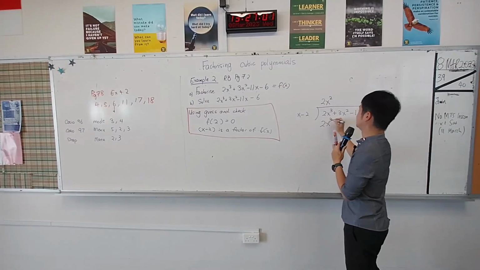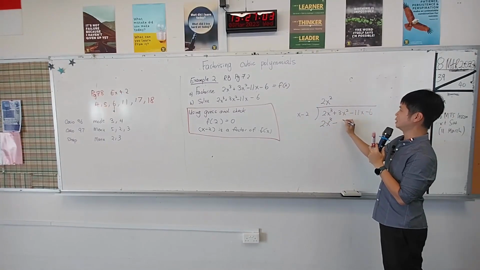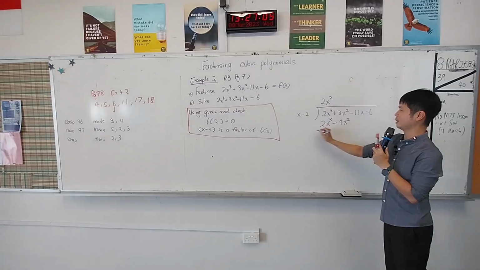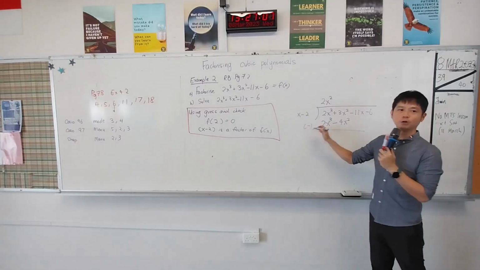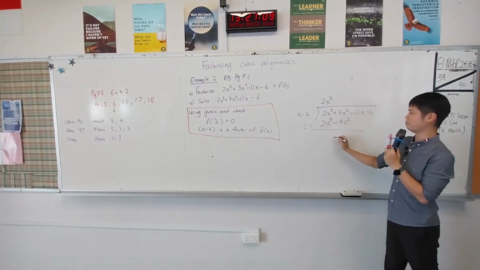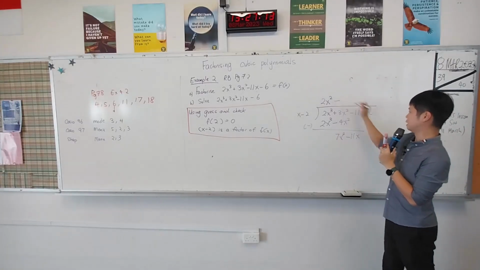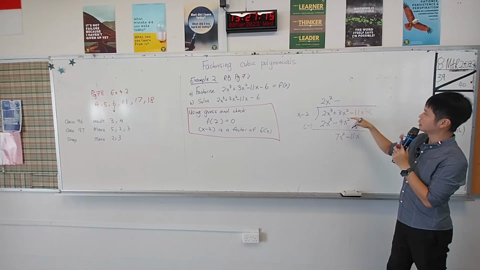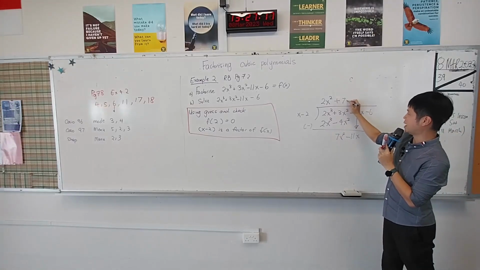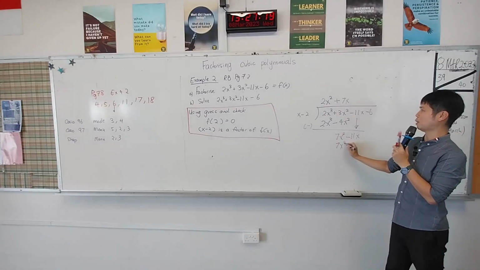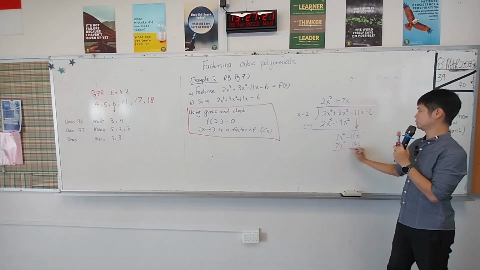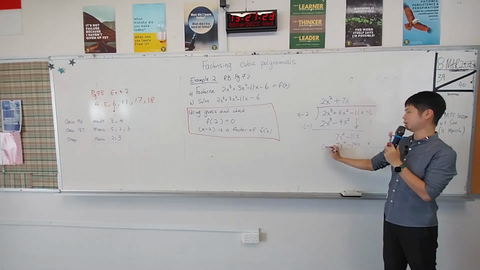Now I continue. So 2x cubed minus 4x squared. I will definitely get 0 towards the end. Then I will get 7x squared minus 11x. I brought down the 11x. And then I will plus 7x. So I have 7x squared minus 14x. Bring down again and minus.